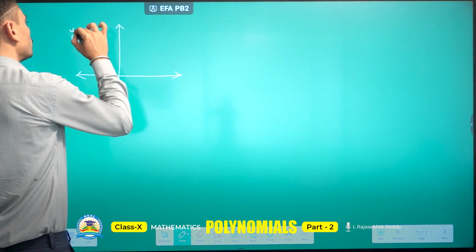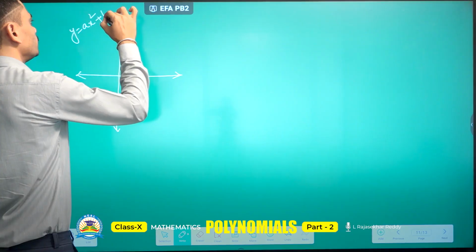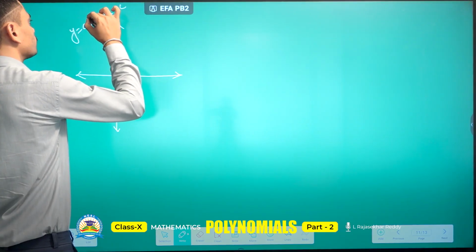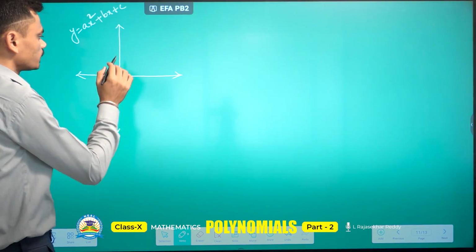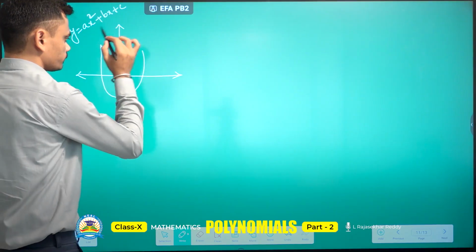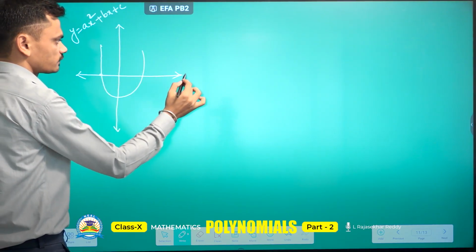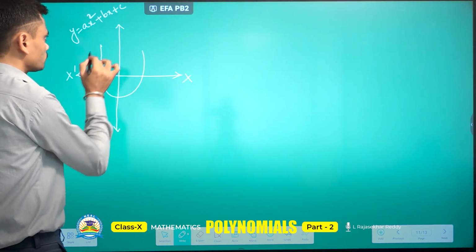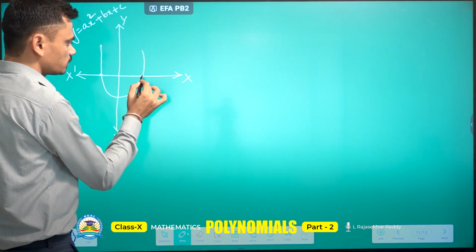One polynomial ax square plus bx plus c. One quadratic polynomial is there. So I have drawn like this. So it is intersecting at this point on the x-axis and intersecting at this point on the x-axis.